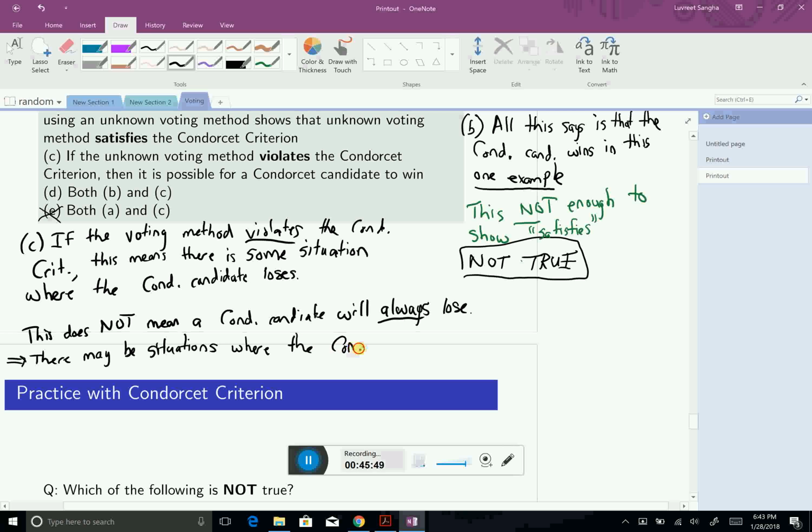So now looking at the statement, if the unknown voting method violates the Condorcet criterion, then it is possible for a Condorcet candidate to win. So this is true. It's definitely possible.